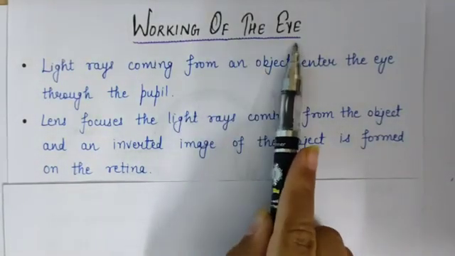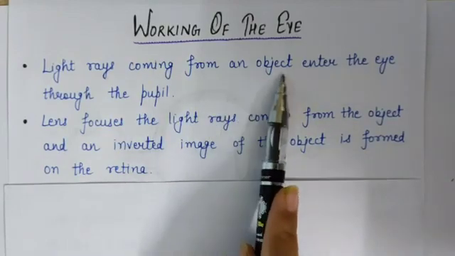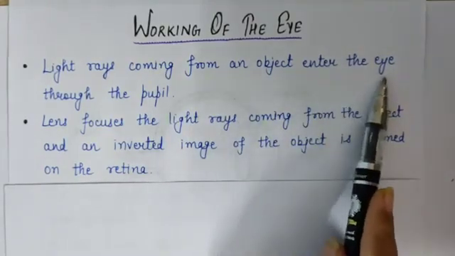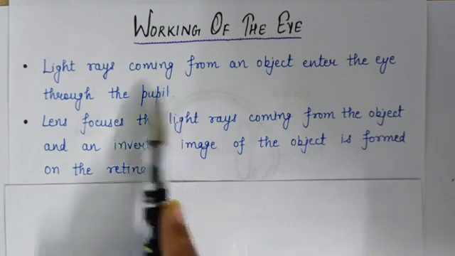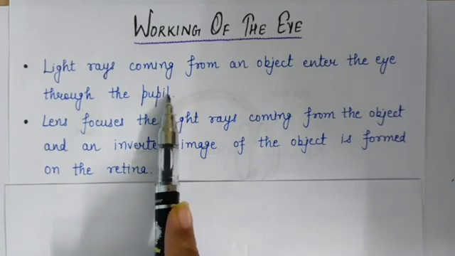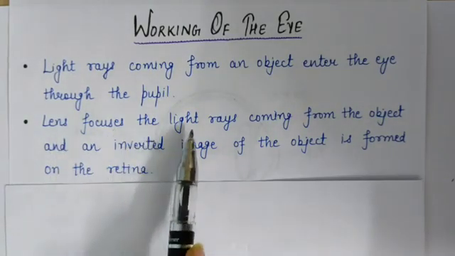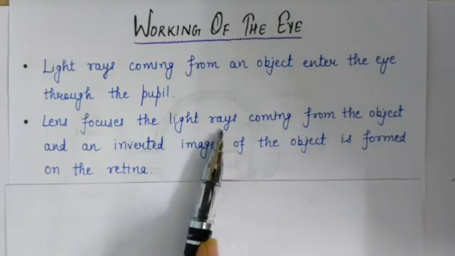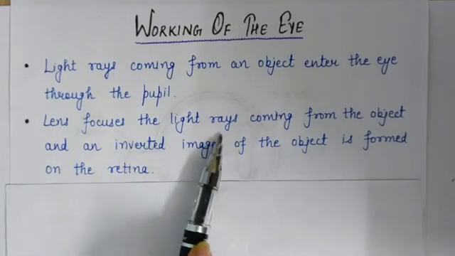Working of the eye. First of all, light rays coming from an object enter the eye through the pupil. Light falls on the pupil and after that the lens which is present in the eye focuses the light rays. We have already learned that the function of the lens is to focus the light rays.